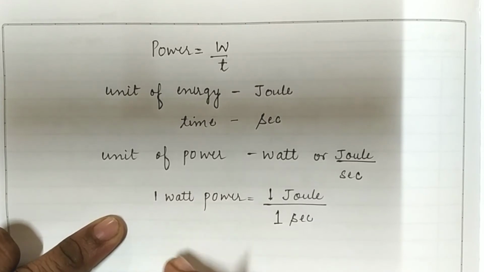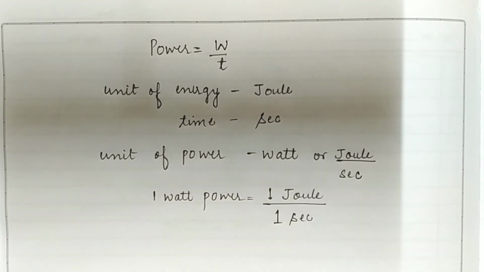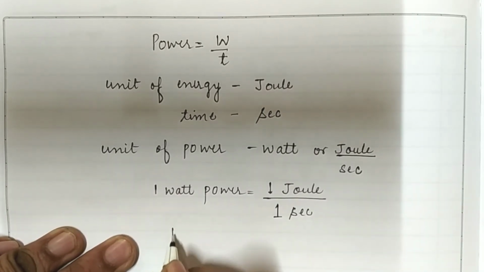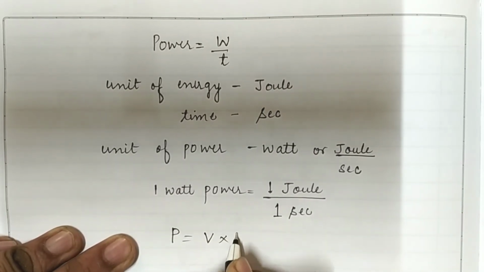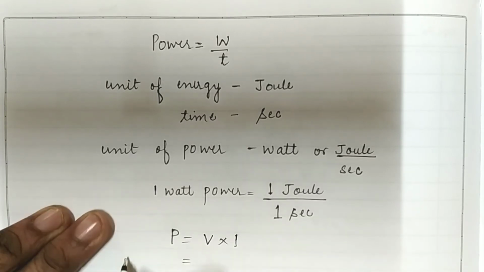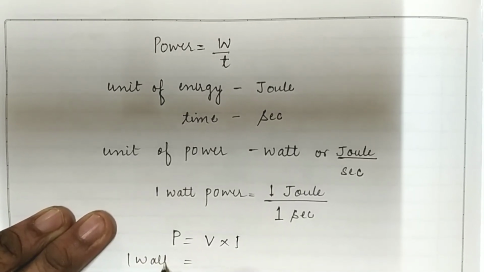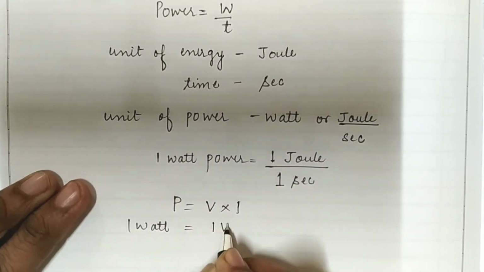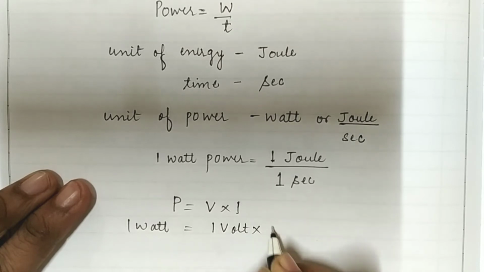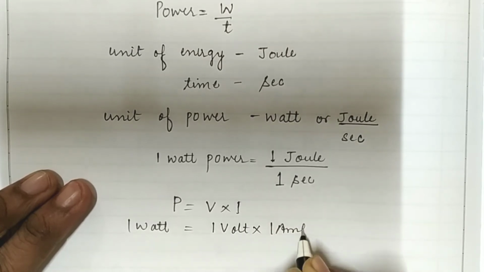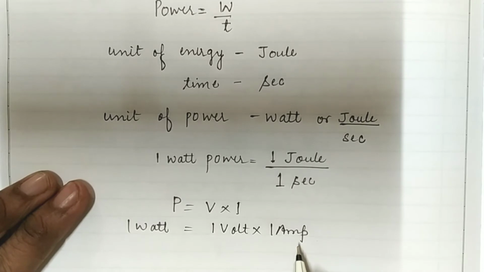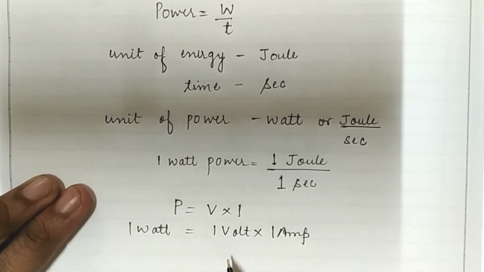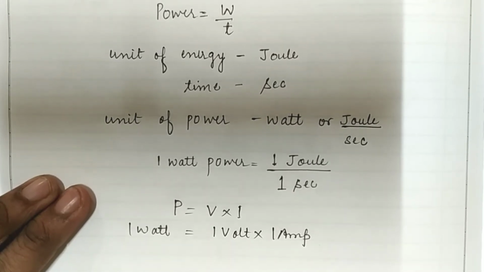Power is also given by P equals V into I. So 1 watt power can also be written as the product of 1 volt and 1 ampere. We can also define it this way: if 1 ampere of current flows through a potential difference of 1 volt between the two terminals of a circuit, it is said to be 1 watt power.